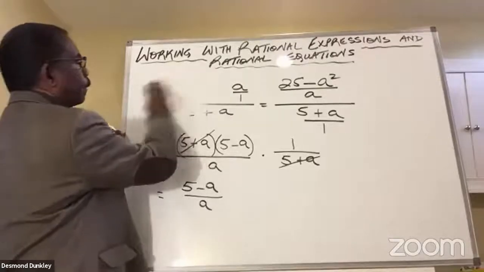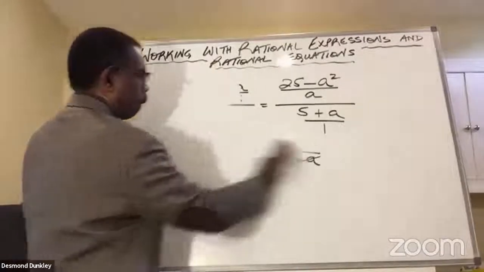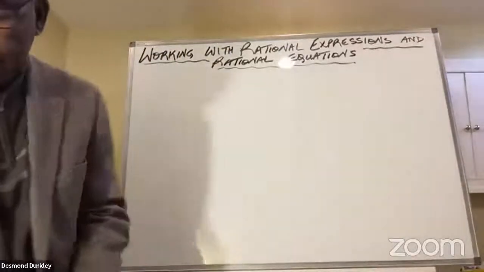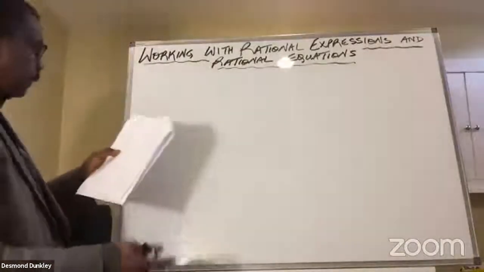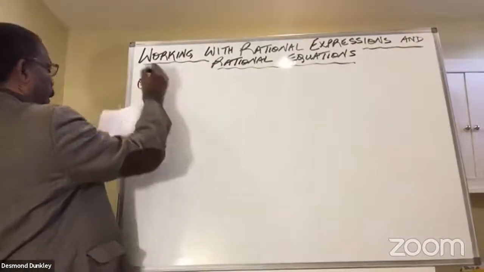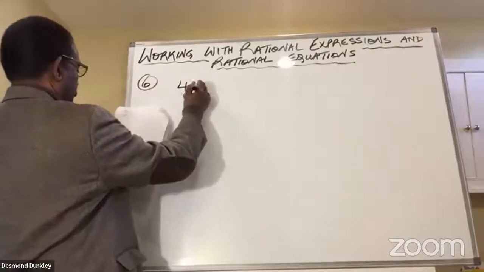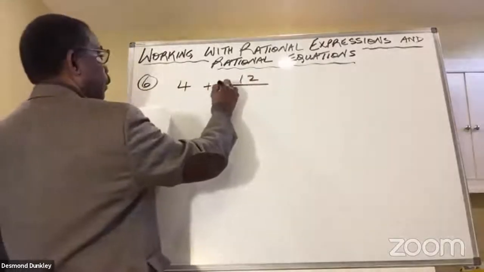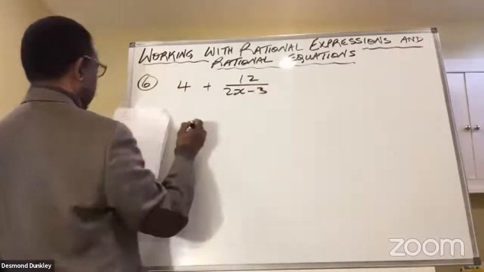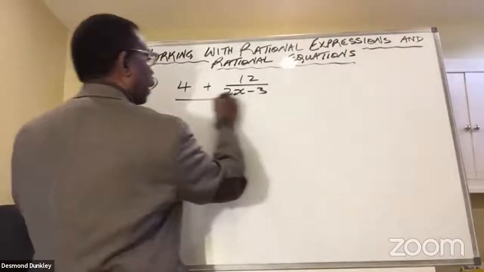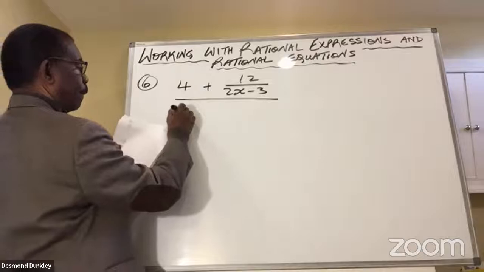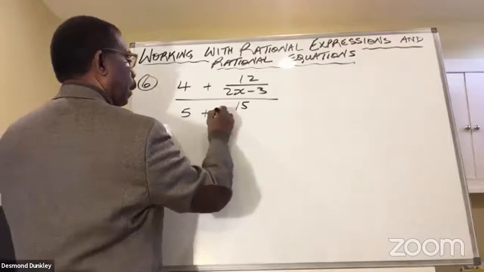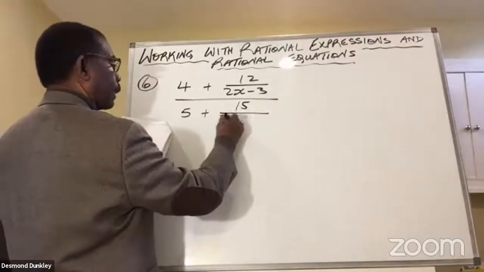Number 6. Number 6 goes like this. 4 plus 12 over 2x minus 3, all over 5 plus 15 over 2x minus 3.